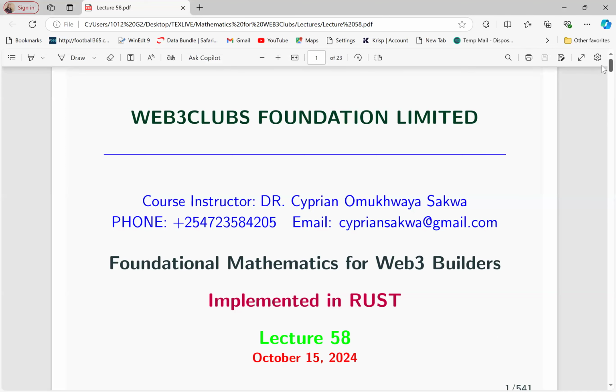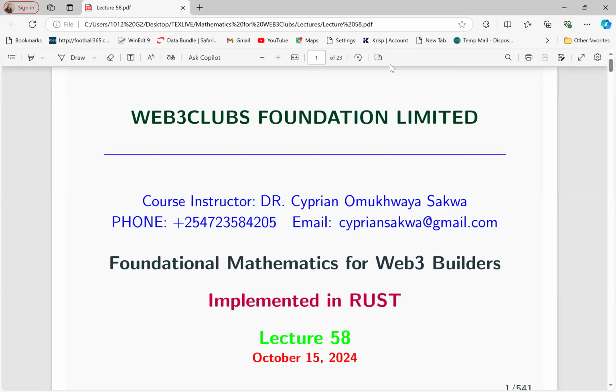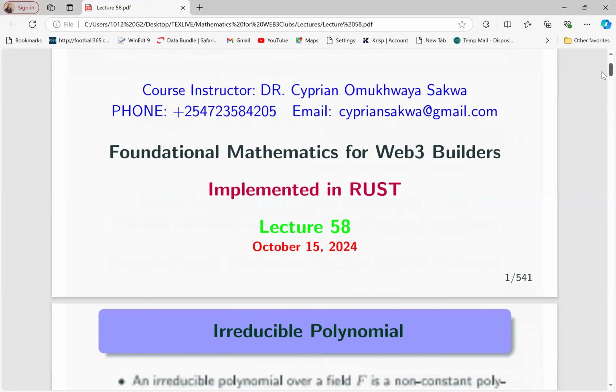We had begun looking at polynomials, and yesterday we looked at how to do division, how to divide two polynomials. And today I want to look at how to factorize.